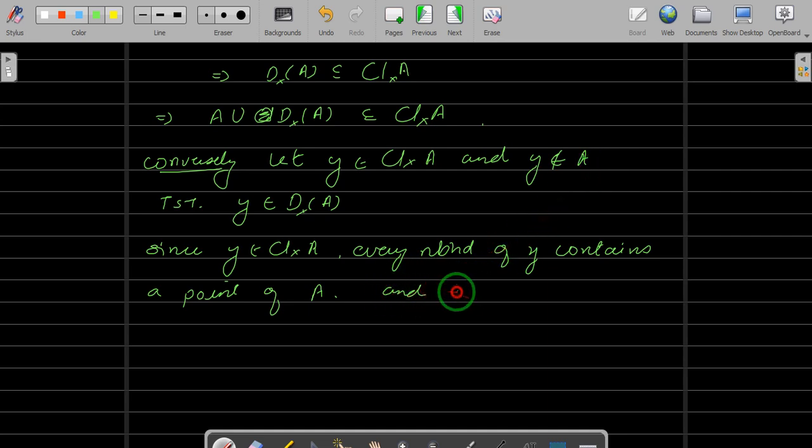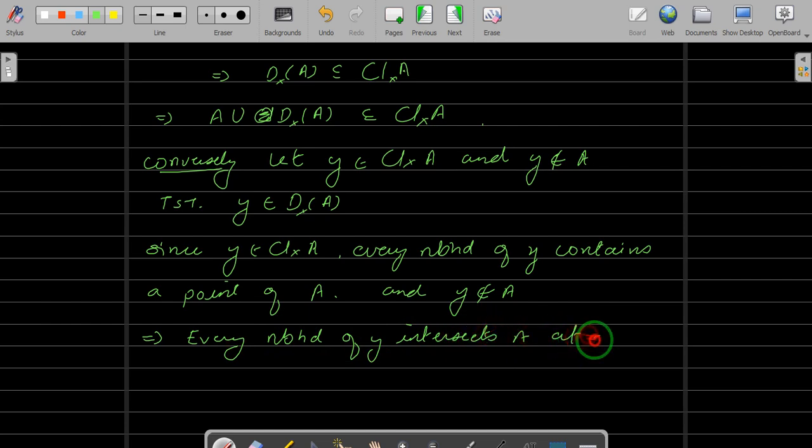That implies every neighborhood of y contains a point of A other than y. This implies every neighborhood of y intersects A at a point other than y.